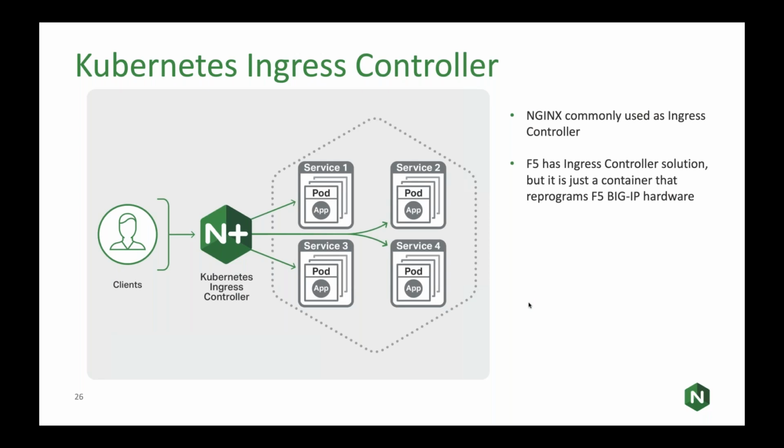Then, as mentioned a moment ago, we also do provide a Kubernetes ingress controller. And as an ingress controller, we have a configuration that can be used or pulled from our repository on how to implement NGINX as a Kubernetes ingress controller.